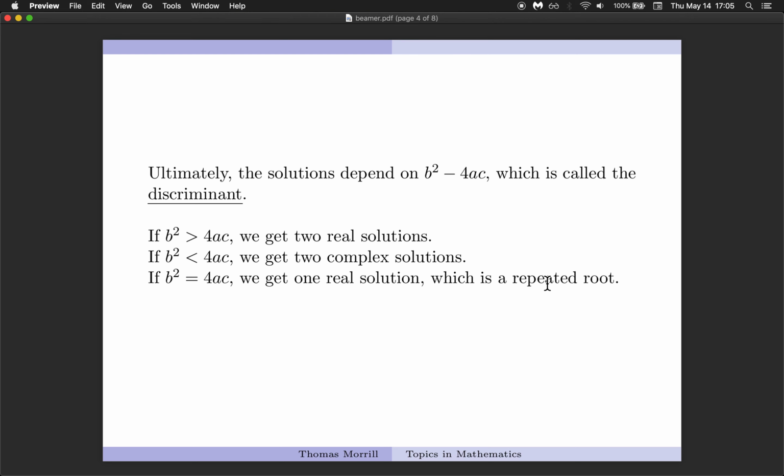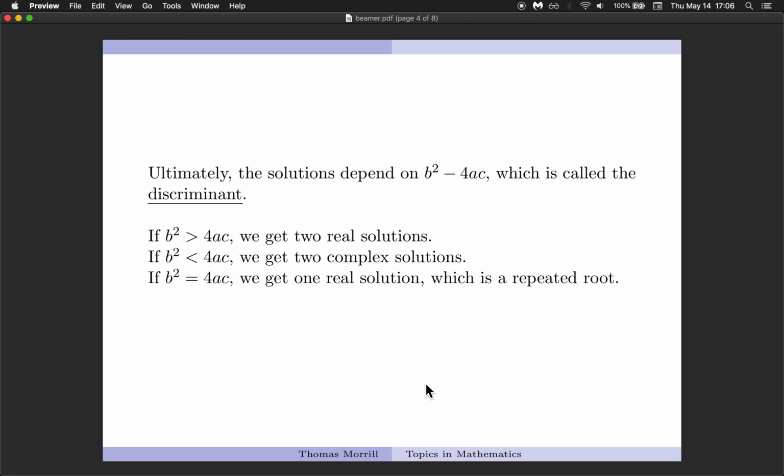I can do that. But 0 is the only real number where plus and minus get me the same answer, right? Negative b plus 0 and negative b minus 0 are the same number. So there's only one real solution here, right? It's going to be negative b on 2a.